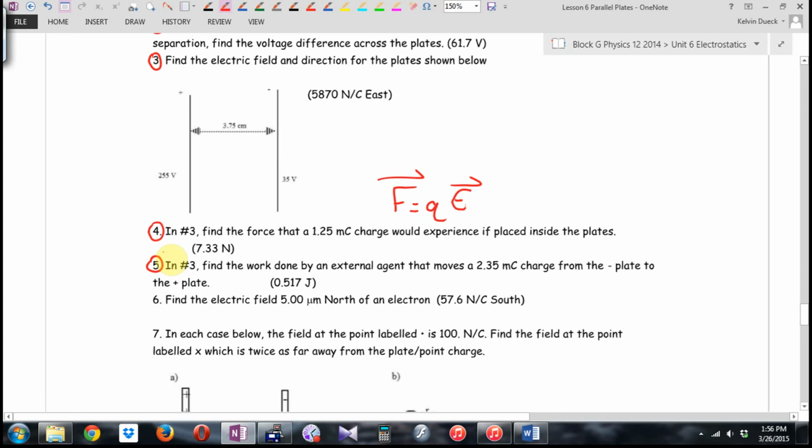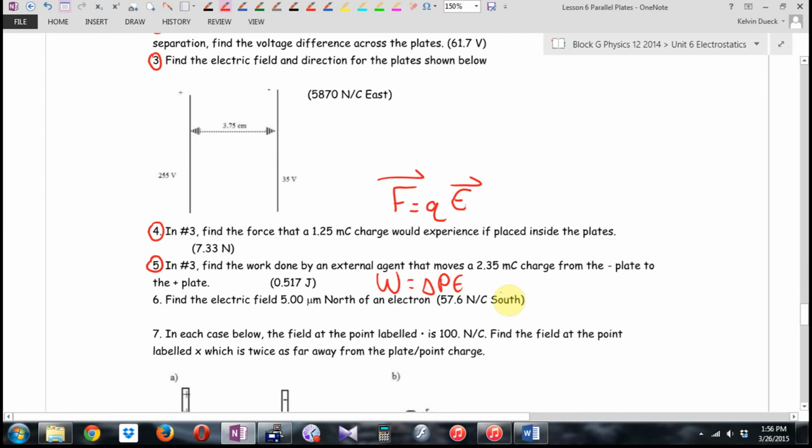What's number 5 want me to find? Work? Work. You know what? Work is going to be change in potential plus change in, although you know what, I don't think they're mentioning any change in kinetic. I'm not going to use the one where I have to go K Q1 Q2 over R final minus K Q1 Q2 over R initial.